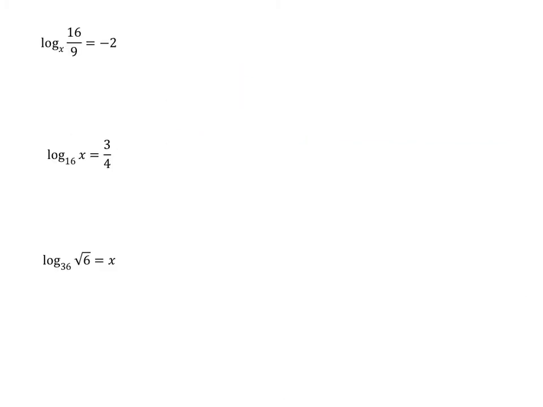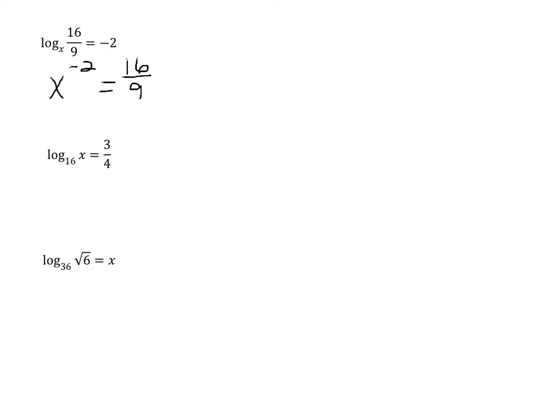So now we get to do a few problems to practice. So we'll start here. The log base x. Base x becomes my big number. The 16/9 and the negative 2 will switch places, so that negative 2 goes with the x. That's going to be equal to 16/9. Well, this is kind of tricky because suddenly we have a negative exponent.